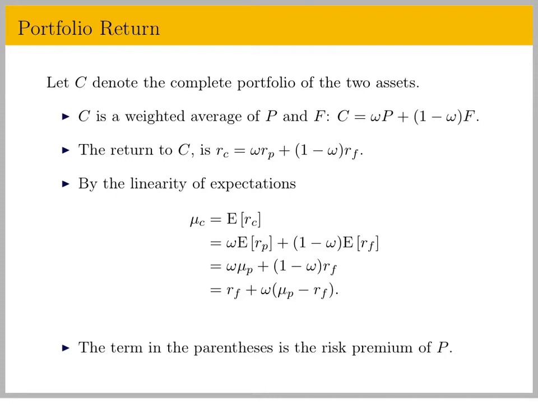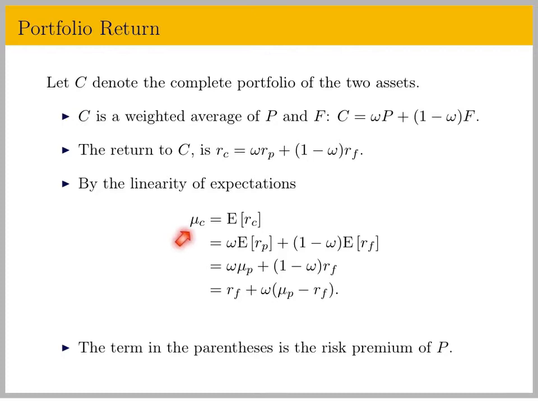Now the term in parentheses, let's note, is the risk premium. That is, it's the expected return of portfolio P minus the risk-free rate, the expected return of the portfolio in excess of the risk-free rate, exactly what we defined the risk premium of portfolio P to be in the last lecture.